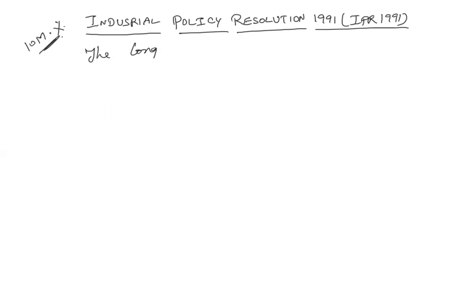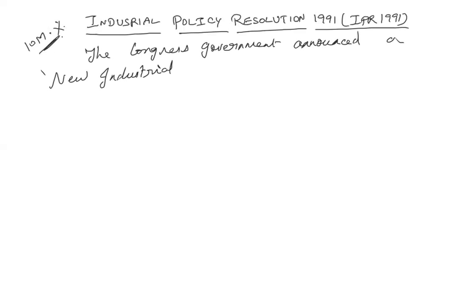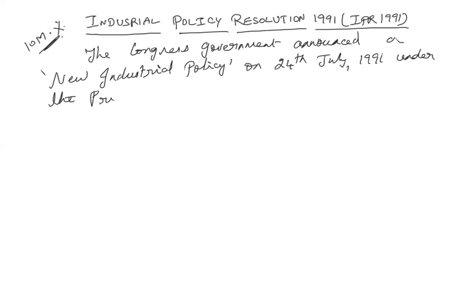The Congress government announced a new industrial policy on 24th July 1991 under the Prime Ministership of Mr. P.V. Narasimha Rao.